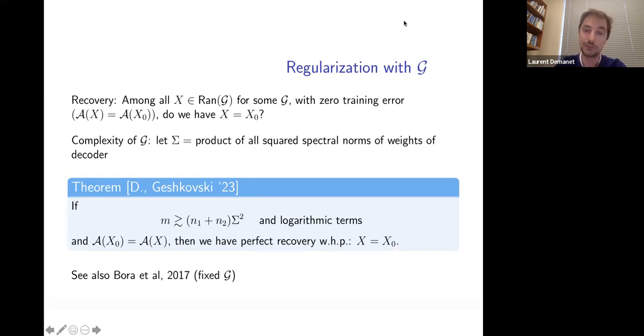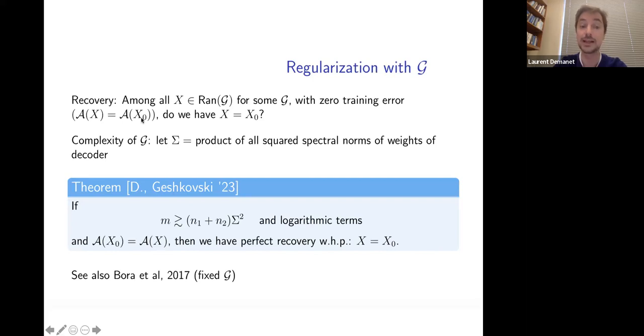We want to know if we have recovery. Recovery means the following thing. It means among all the possible objects that are in the range of my generator, that can be generated by my decoder, if your training error is adequately small, and in this case we idealize it as being 0, which is not a big restriction, we might be able to walk that back.